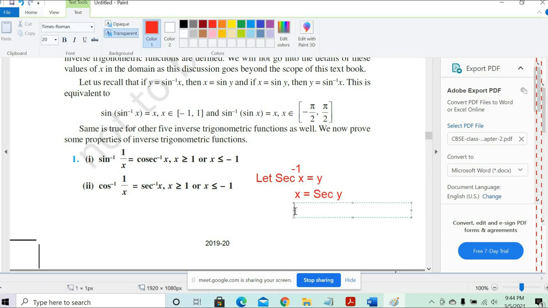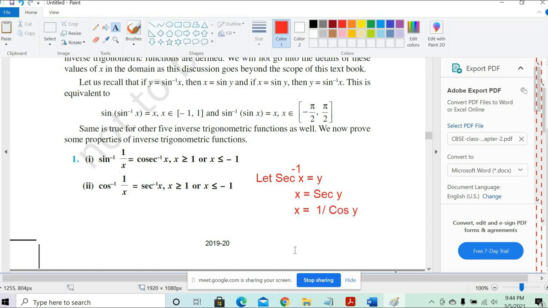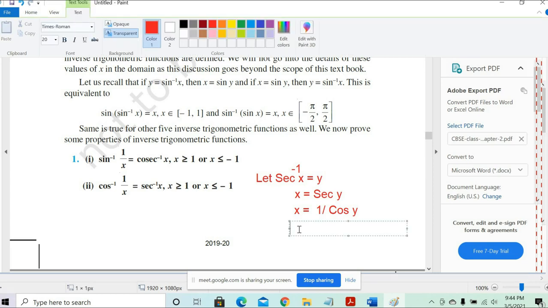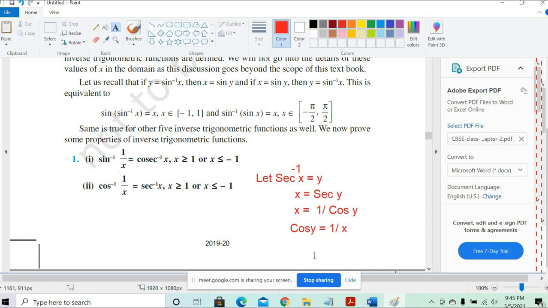Next. Now secant can be written as 1 by cos y. Correct? Okay, yeah. Secant y is nothing but the reciprocal of cos y, right? Yes, sir. Now cos y will be equal to 1 by x. Correct? Okay.